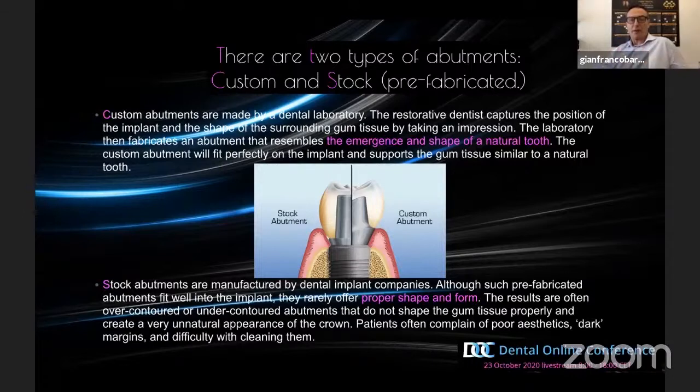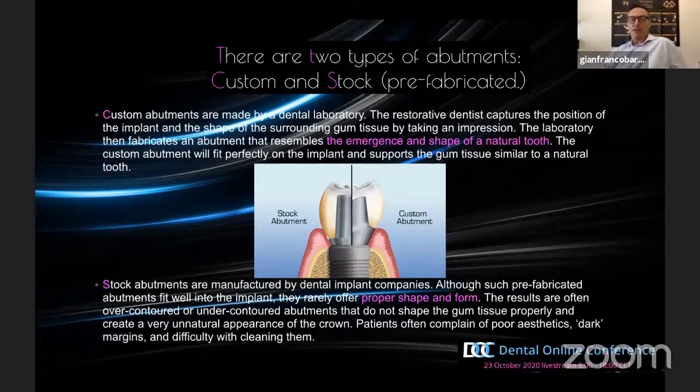The custom abutment, on the other side, is made by the lab, by the dental technician, on the shape, dimension and aesthetic of the designed tooth.